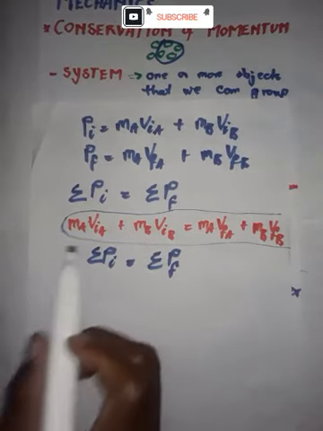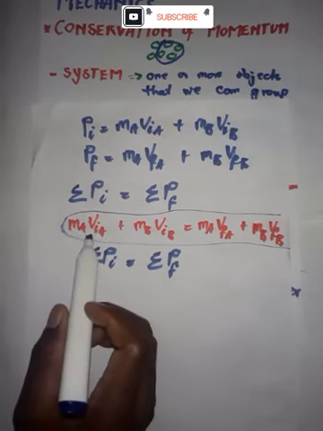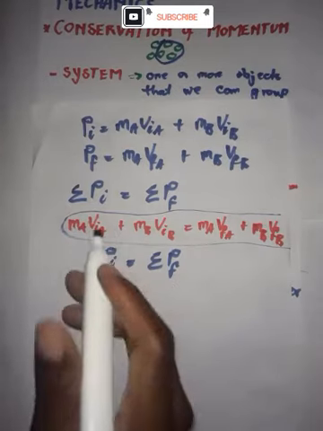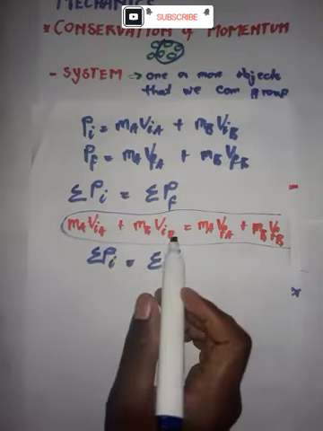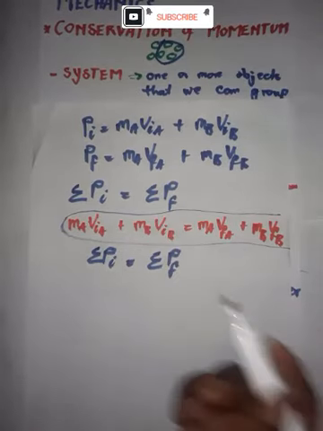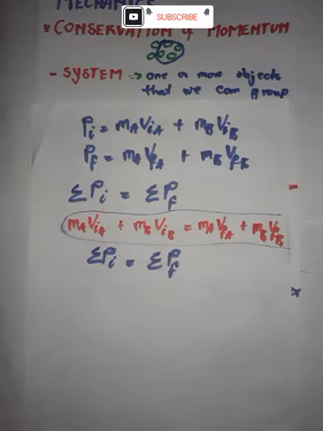This doesn't mean that each time you will only take the momentum of A and B. Sometimes you might have more than two objects. That means you have to add that object again, the mass of object C multiplied by the velocity of C, the mass of object D multiplied by the velocity of D, just like that.